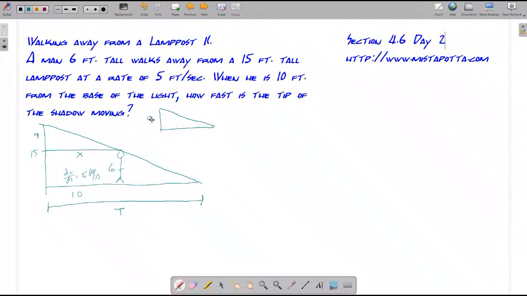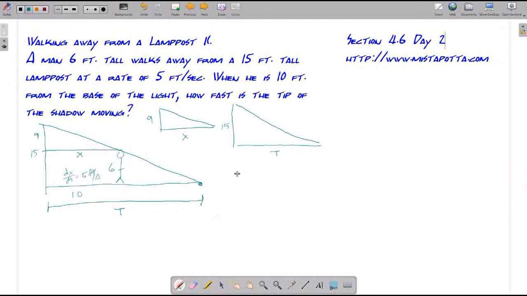One with 9 and x. But this time, since I'm talking about the tip of the shadow, it's really the tip of this whole triangle here. And so the whole triangle has a height of 15 and a base of capital T.